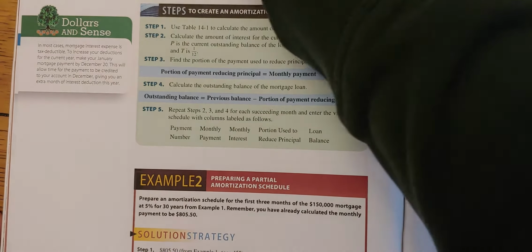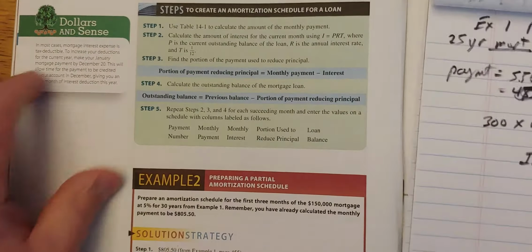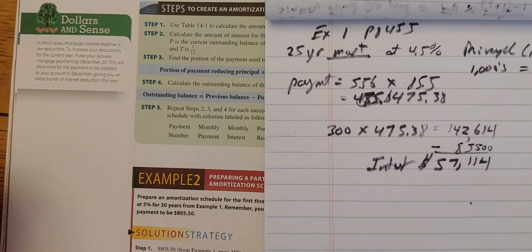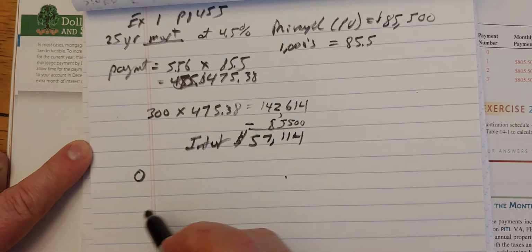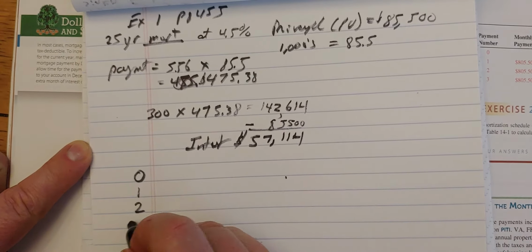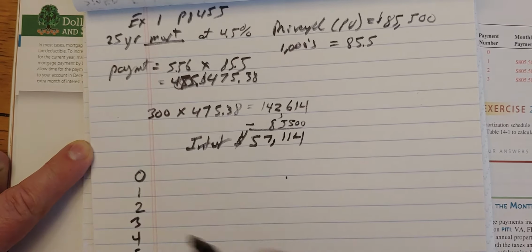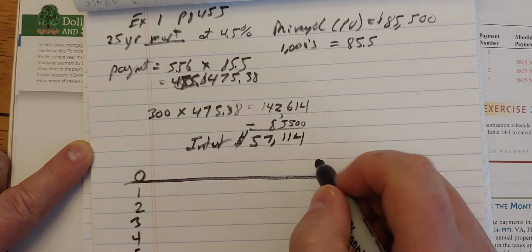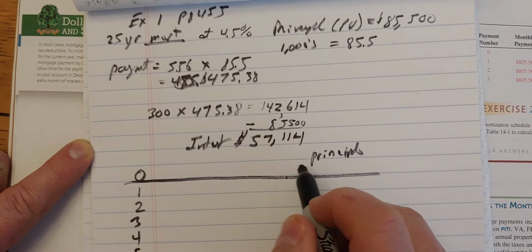I'm going to use paper instead because I like creating a table when I do this. So we're going to start out at 0 payments. These are the number of payments: first payment, second payment, third payment, fourth payment, fifth payment, sixth payment. And let's say we borrow $100,000. I'm going to call this the principal amount.